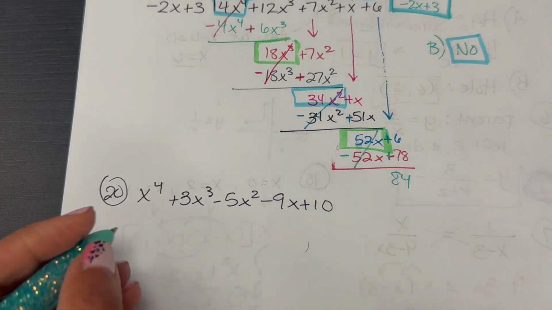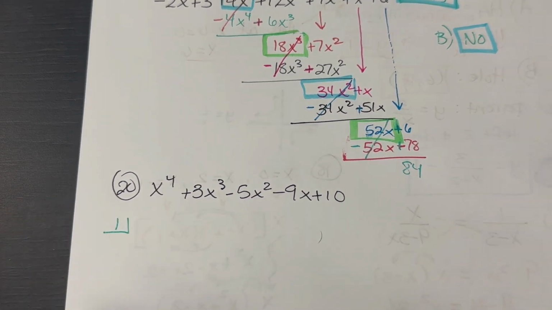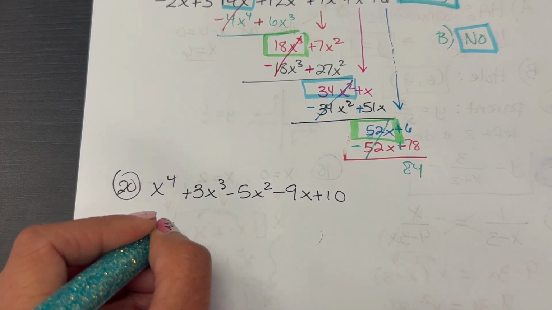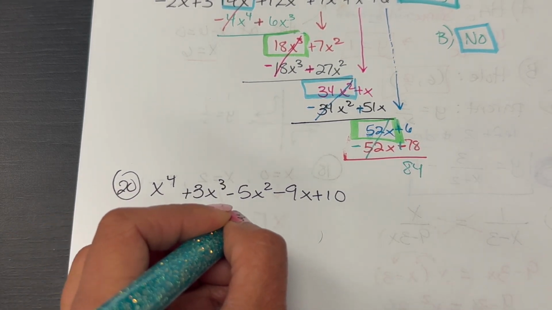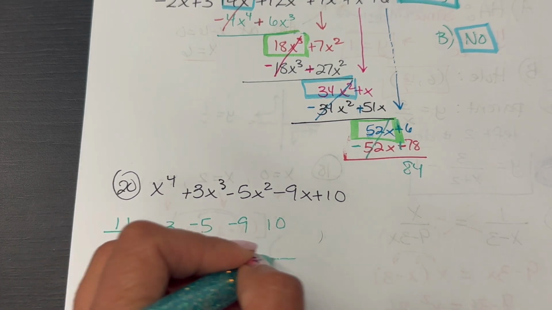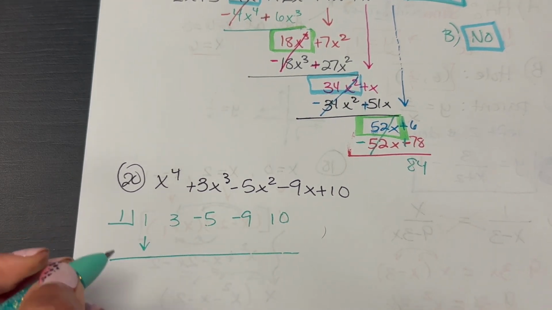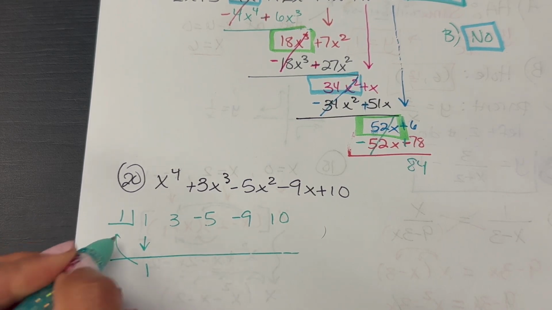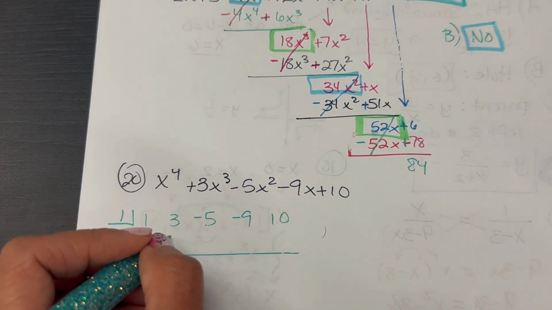Let's start with a +1. We're going to try that using synthetic division in the box. So write down the coefficients, 1, 3, -5, -9, and 10. Bring down the first term, it's a 1, and then you multiply times the number in the box. 1 times 1 is 1.